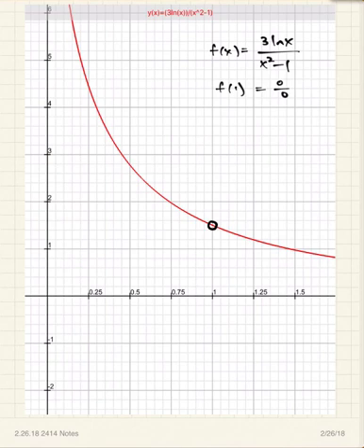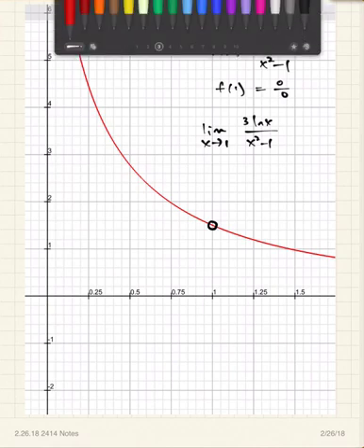But when we're talking about the limit of this function as x approaches 1, we don't care what's happening at x equals 1. We just care about what's happening close to 1. And what happens when you're close to 1 on this problem?